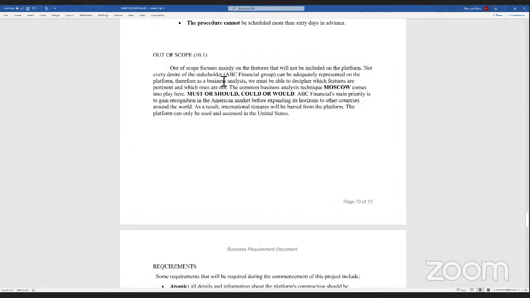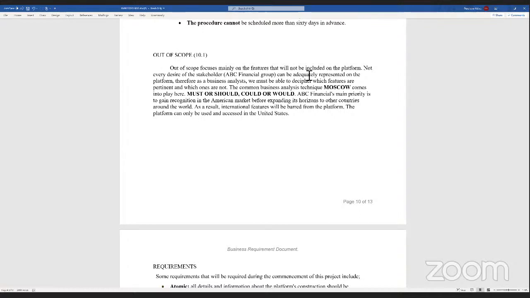And for out of scope, from my understanding, I said it focuses mainly on the features that will not be included on the platform. So even though ABC has a lot of things that they want to integrate on this new platform, we can only focus on or prioritize the basics, the necessities. What is going to help us deploy the page over the given time that we have.